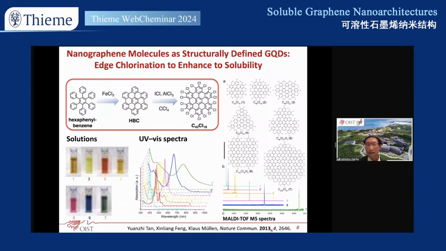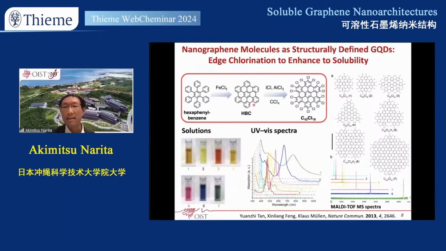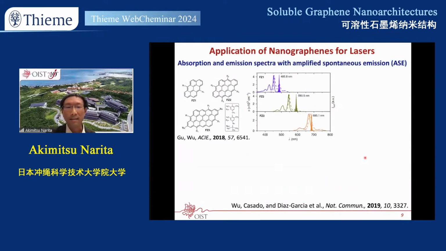But in 2013, Dr. Yuanzi Tang, who was a postdoc, and Professor Xinliang Feng, working together with Professor Müllen, demonstrated that it is possible to chlorinate the edges of such HBC and other larger nanographenes to make perchlorinated variants of nanographene, and they all become soluble. You can see the color of the solutions, all solubilized despite having such large structures. And this becomes a very good example of soluble graphene nanoarchitectures.